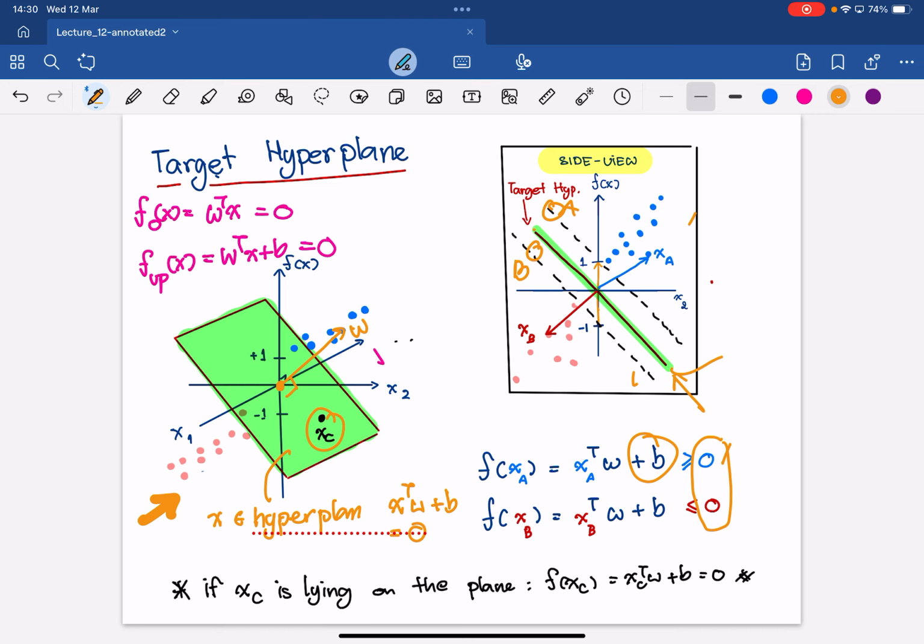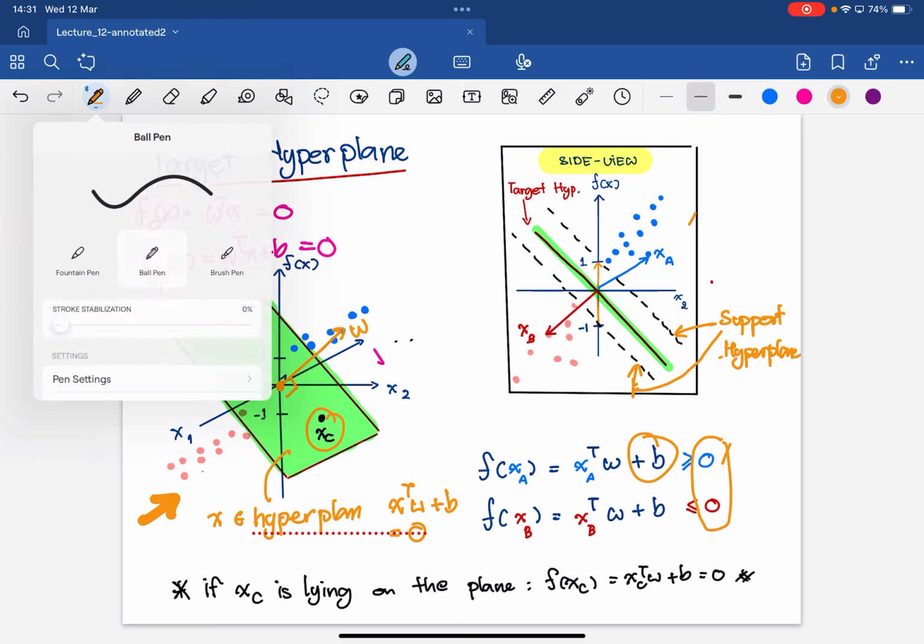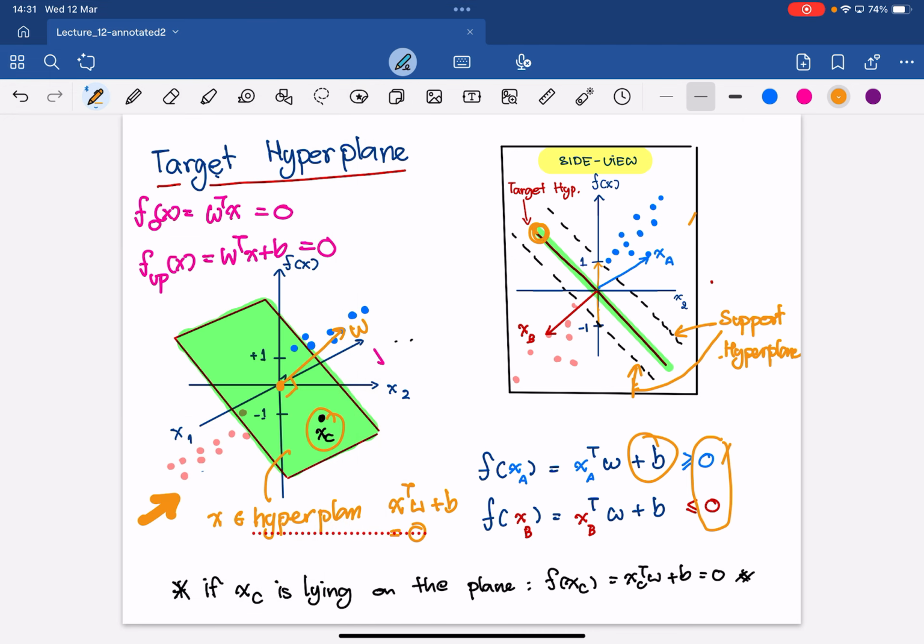Actually, we have a name for it. The ones that are up here and below here, we call support hyperplanes. Meanwhile, the hyperplane that we actually use to make a cut is called the target hyperplane.